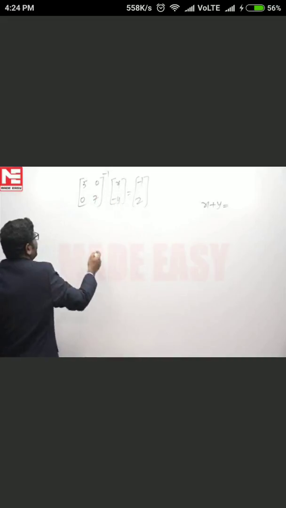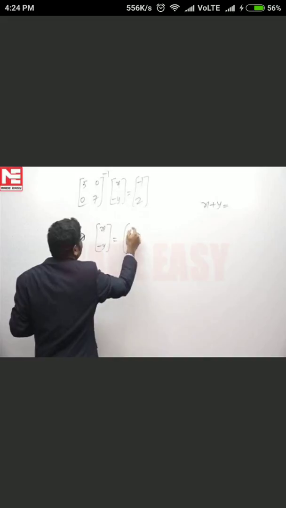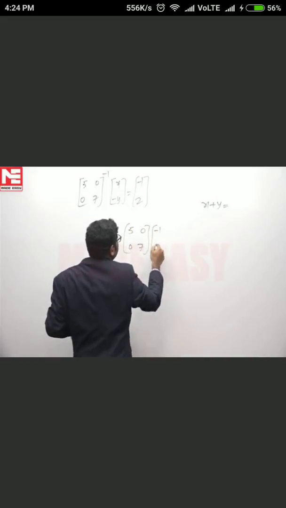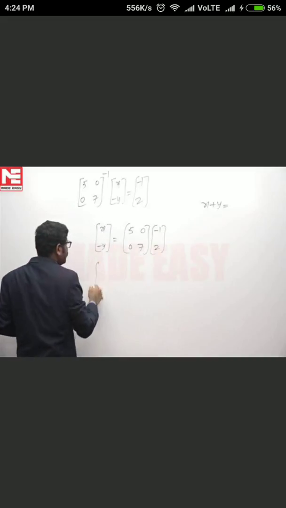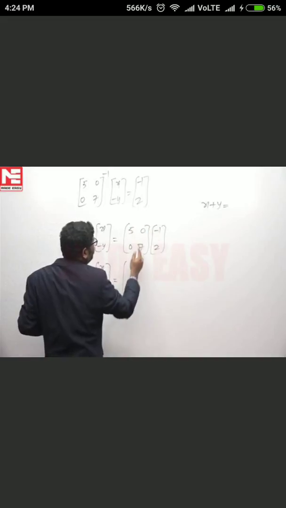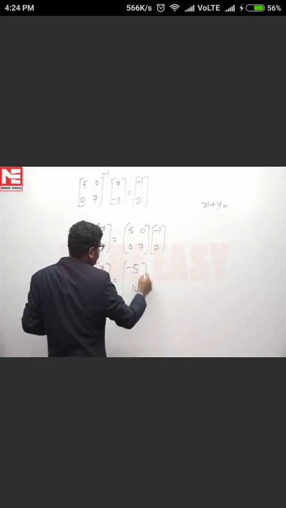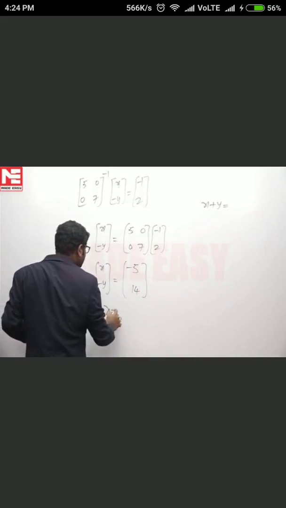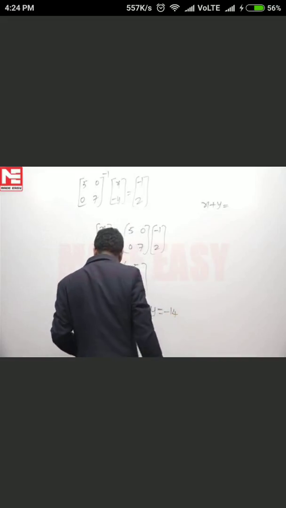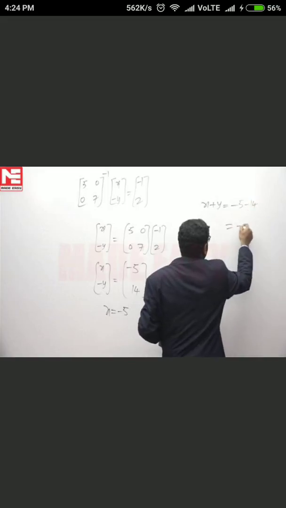Now x minus y equal to [5 0; 0 7] into minus 1 2. Now x minus y is minus 5 plus 0, 0 plus 14. Now x is minus 5, y is minus 14. Now x plus y is minus 5 minus 14, that is minus 19.